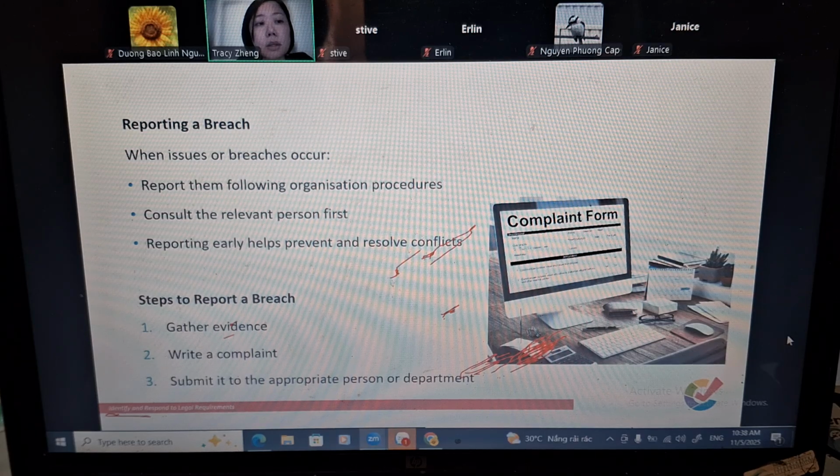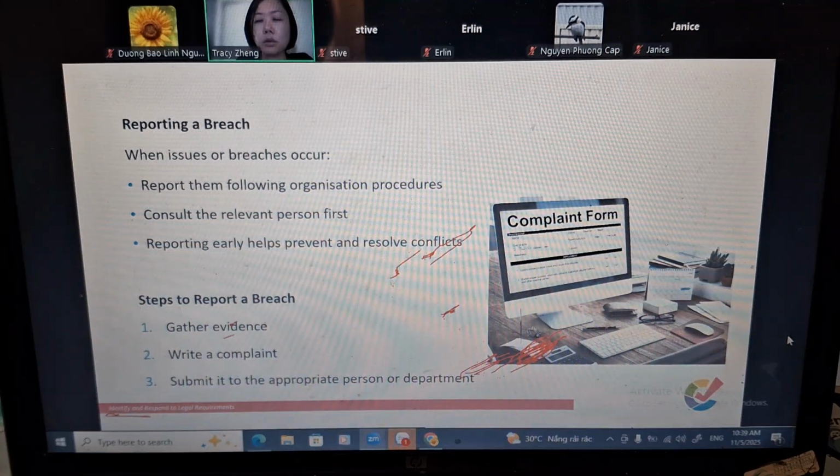So consult with the person, or talk to your supervisor and let your supervisor talk to the relevant staff. Reporting early helps to prevent and resolve conflicts. So don't wait until you have collected all of that information. It is better to report early so we can take action early as well, right?